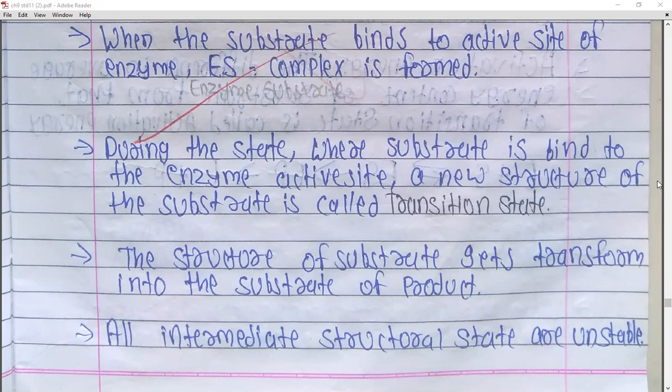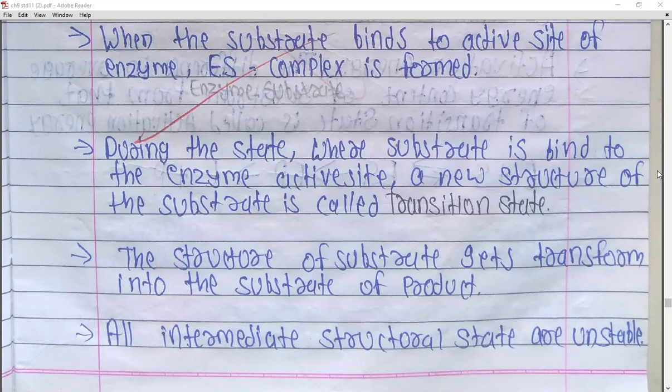Normally if a substrate is round in shape, after binding to the enzyme the round shape of the substrate gets changed. So the structure of the substrate is changing, and this state is known as the transition state. Why is it known as the transition state? Because there are some transitions taking place.